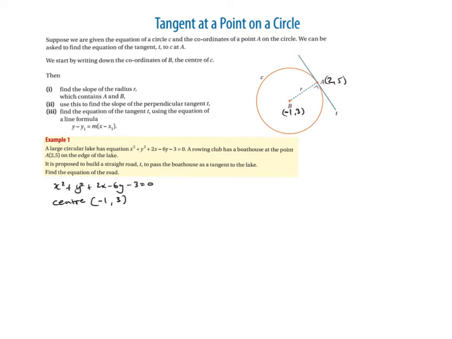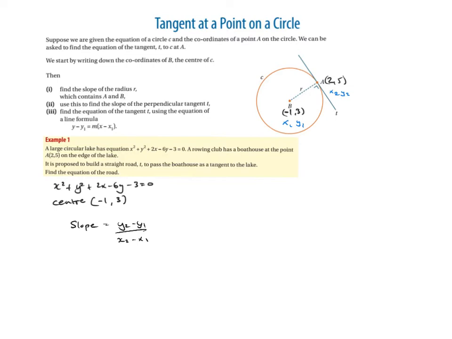Remember, if you can't remember, the slope is given by y2 minus y1 over x2 minus x1. I'm just going to label this x1, y1 and this one x2, y2, and just put the numbers in.